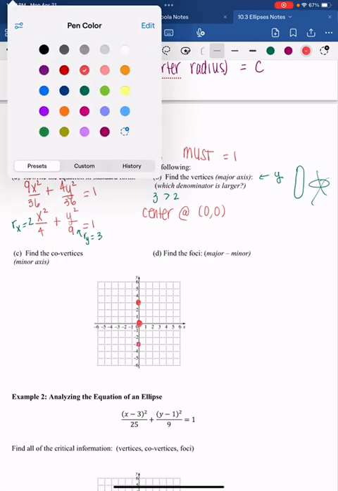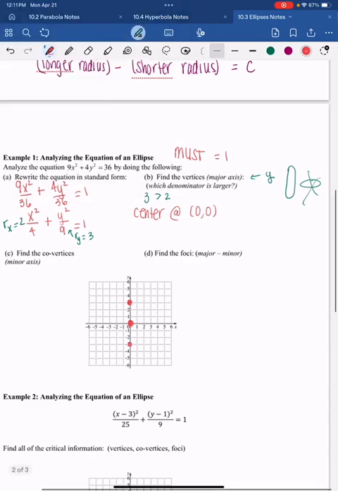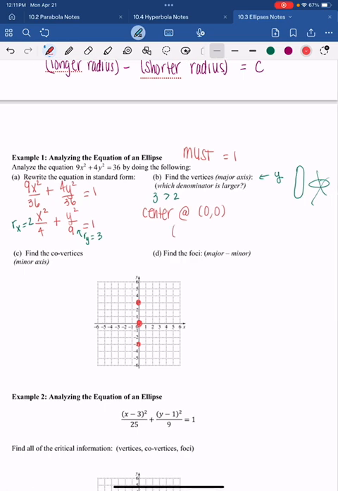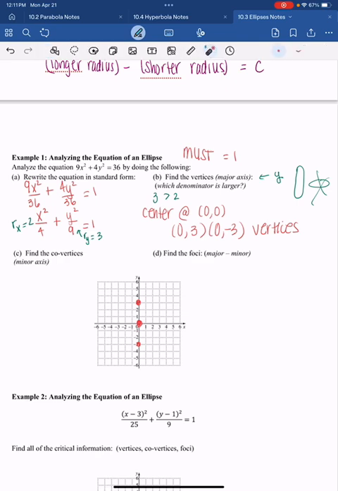So the vertices are going to be at 0, 3 and 0, negative 3. The co-vertices, also known as the minor axes, the x radius is 2, so from the center I'm going to go 2 to the right and I'm going to go 2 to the left because that represents the distance from the center of this ellipse to the co-vertices.